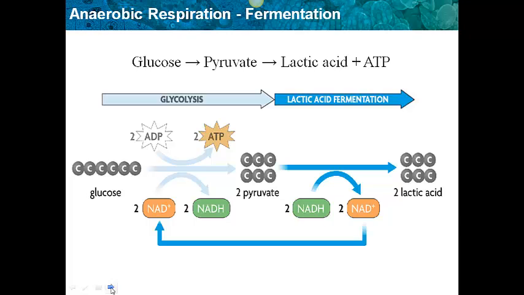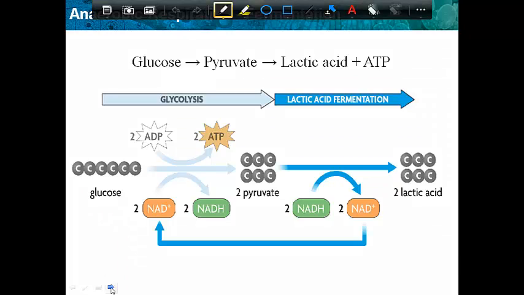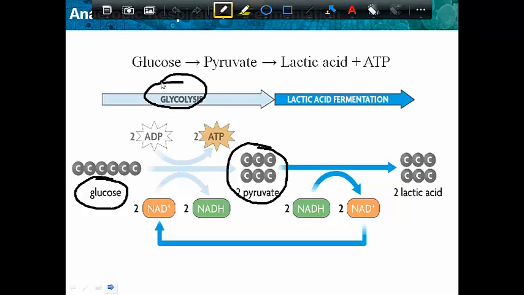So as I said, we're going to start with glucose, right here, 6 carbons, and we're going to change it into 2 pyruvates with 3 carbons each, just like we talked about before in the process of glycolysis. So nothing is different there. There's nothing new to be learned in this process.